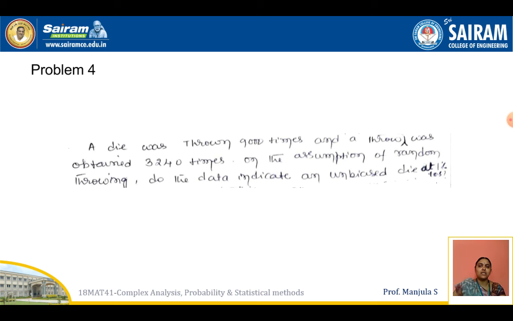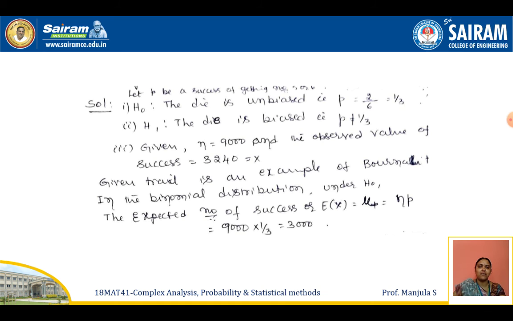Now we'll see one more similar problem. A die was thrown 9,000 times. You just see here the n value they have given as 9,000, and the throws of 5 or 6 were obtained 3240 times. On the assumption of random throwing, do the data indicate an unbiased die at 1% level of significance?